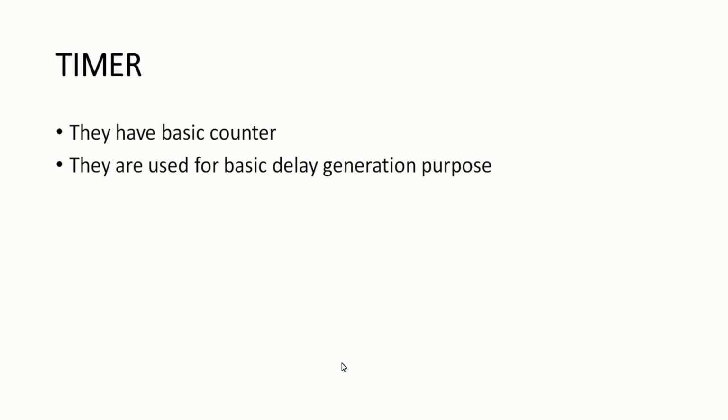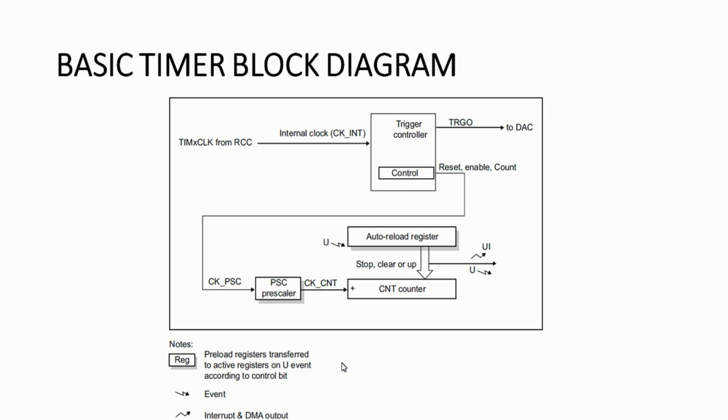Let's see the block diagram of the basic timer for understanding the concept that I explained before. You can see this is the basic timer block diagram. The timer peripheral is provided the clock from the RCC. The internal clock is provided here, and it is sent to the prescaler. Let's assume the microcontroller is running at 16 megahertz, and this 16 megahertz is fed to the PSC, which is the prescaler. The prescaler is a division factor, a number used for reducing or dividing the clock provided to the timer.